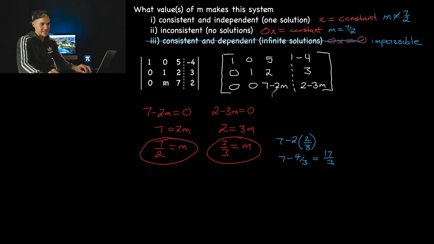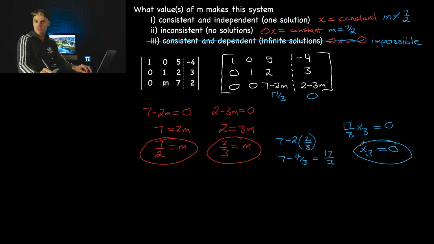So we'd end up with 17 over 3 over here, and then over here we'd end up with a 0. Well, what is that going to mean? It's going to mean 17 over 3 x3 is equal to 0. So that means x3 is just going to be 0, which is fine, right? That's a potential solution that we can have if that m value is going to be 2 over 3.